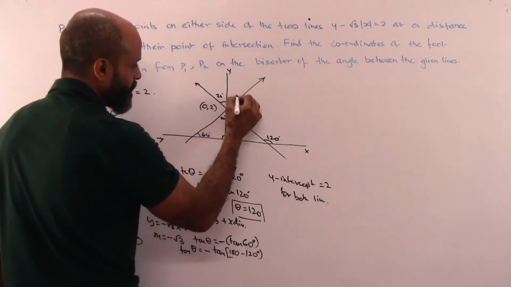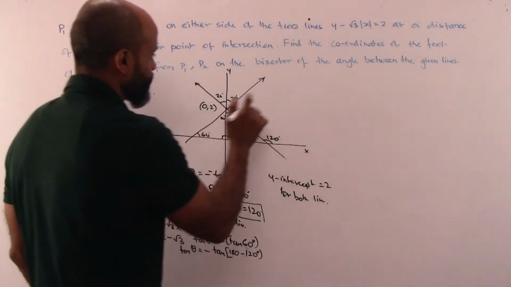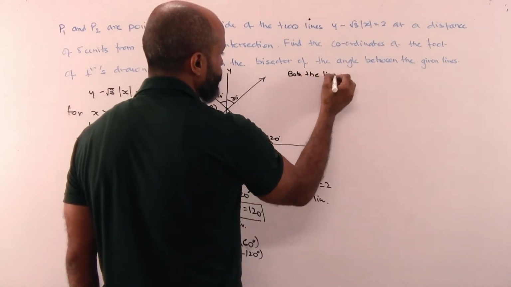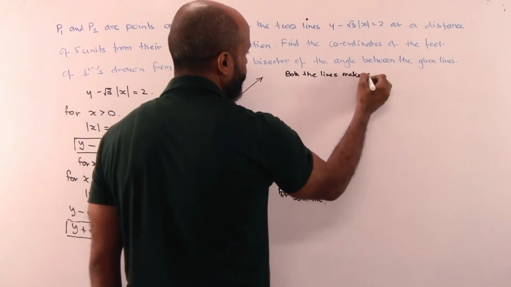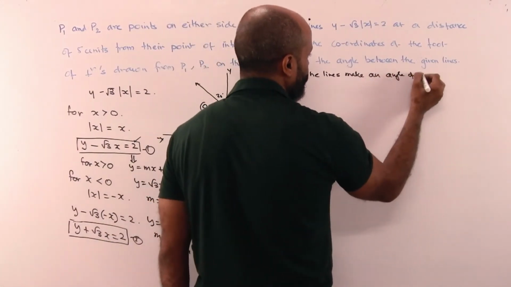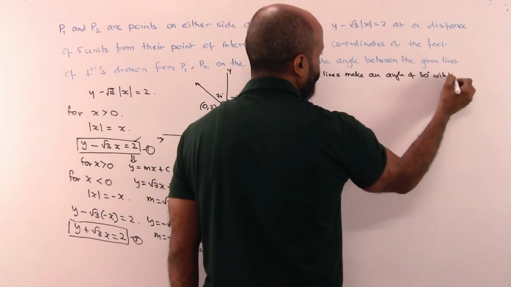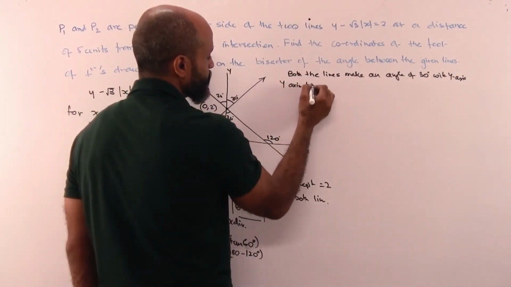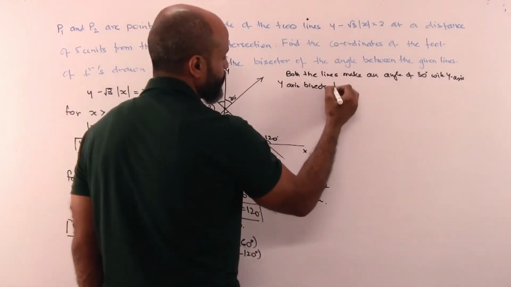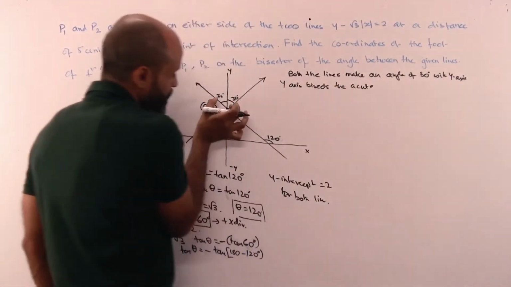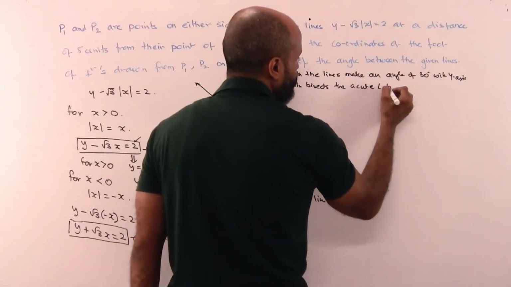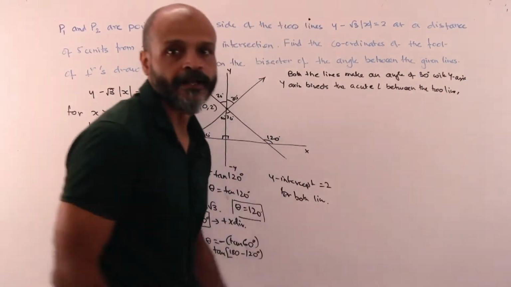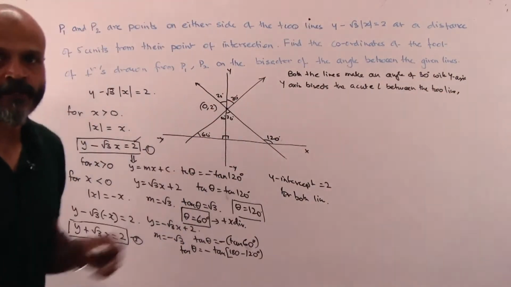So we can say that both the lines make an angle of 30 degrees with the y-axis. In other words, the y-axis will be the bisector of the acute angle between the two lines.